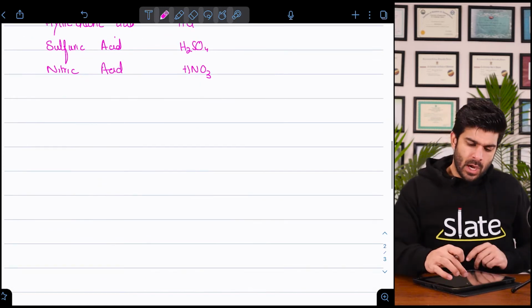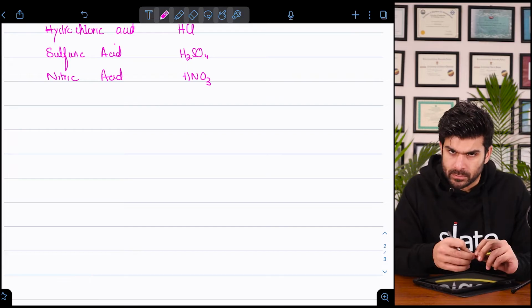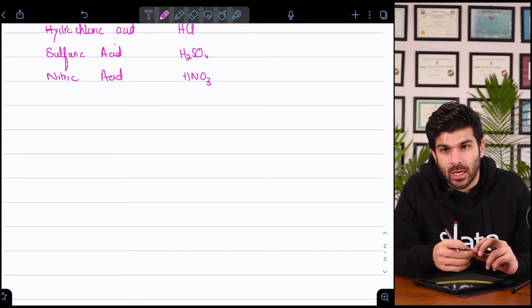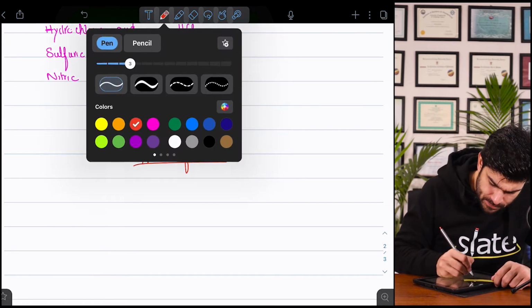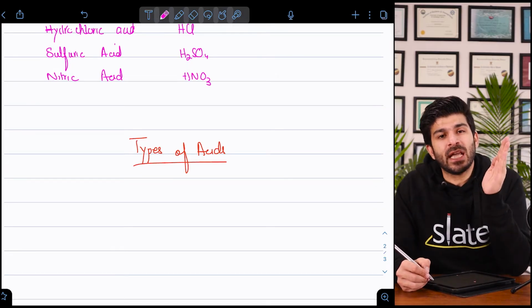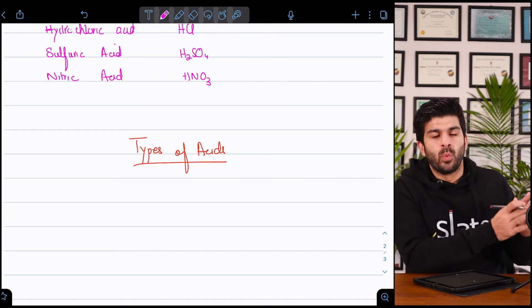Now, as we've talked about, acid donates protons in water. On that very basis, let's discuss the types of acids. So students, types of acids. Acids have various types, but they're classified in different ways.